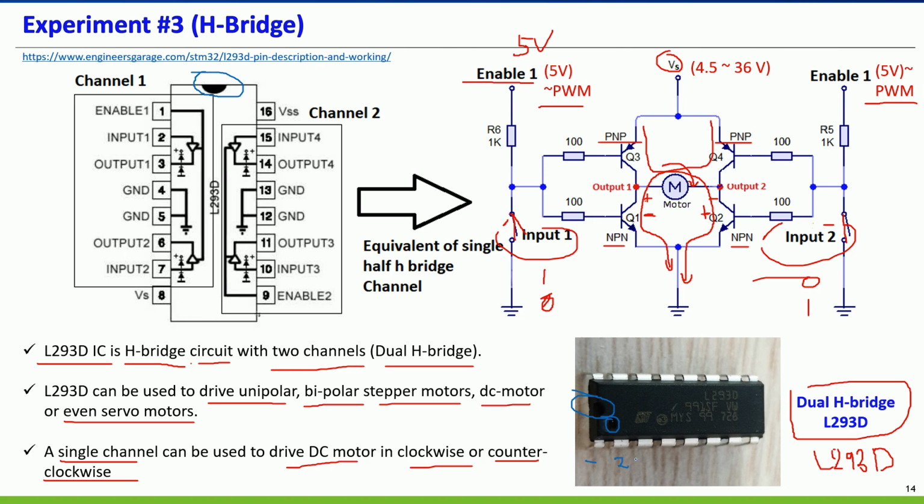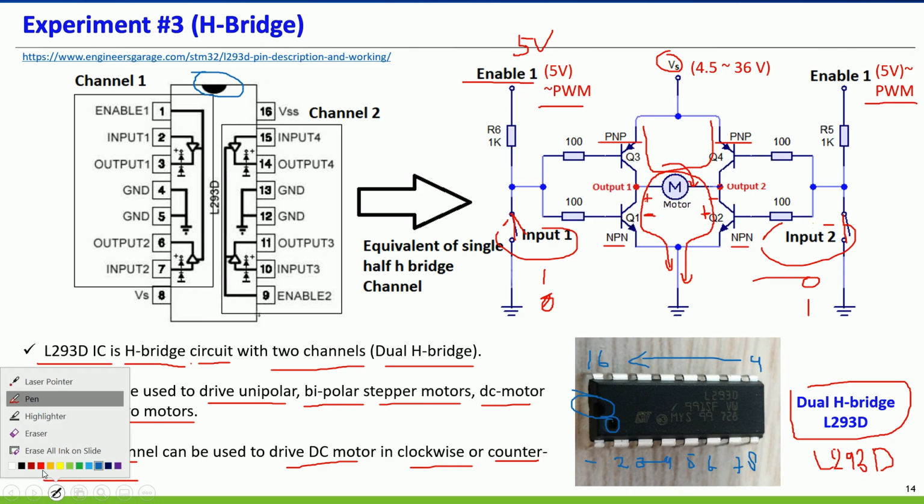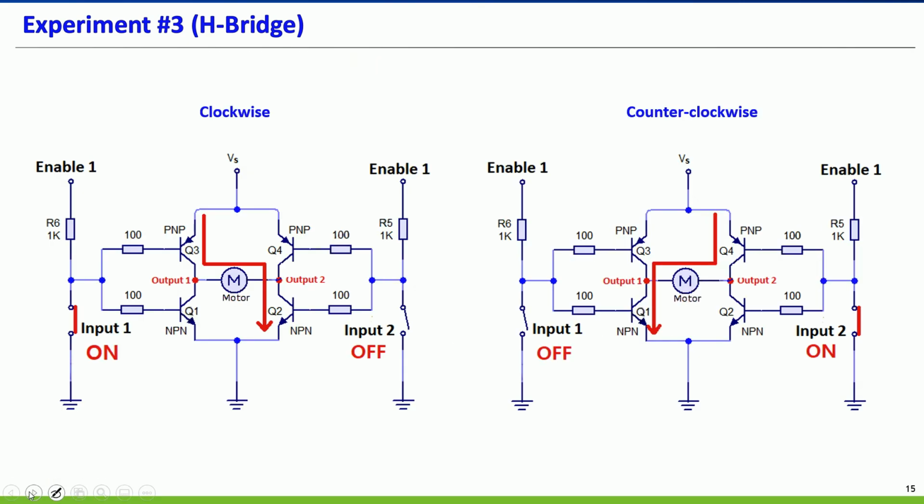So this is 2, 3, 4, 5, 6, 7, 8, 9, up to 16. Okay, you got it. Very easy, it's not difficult.